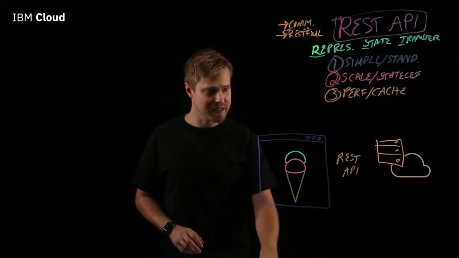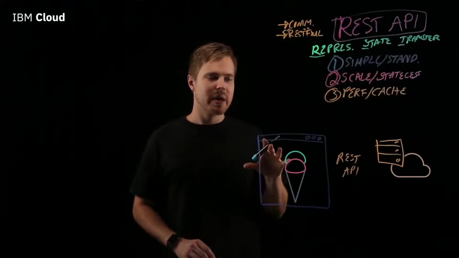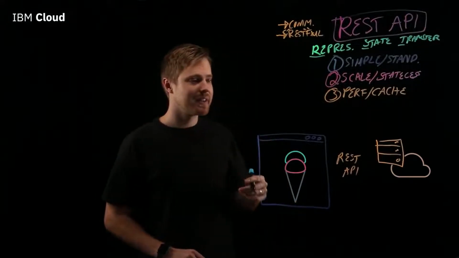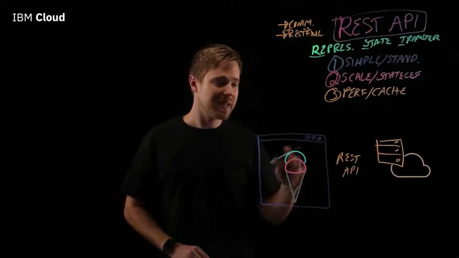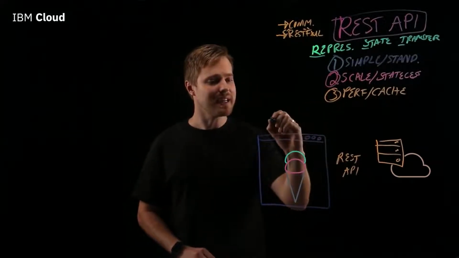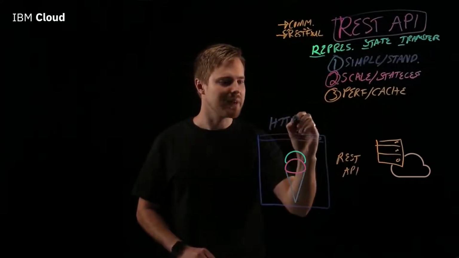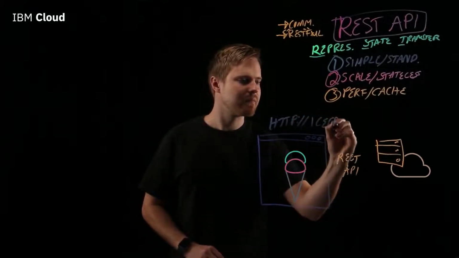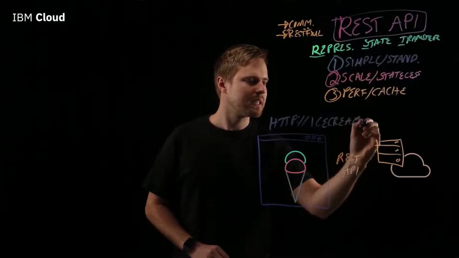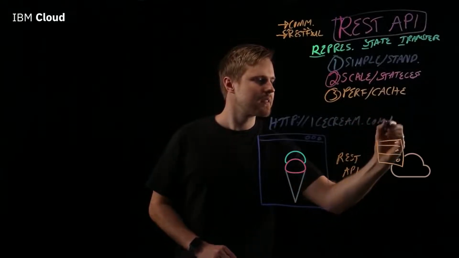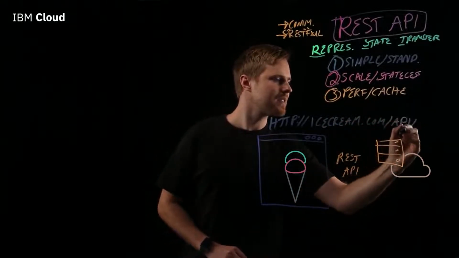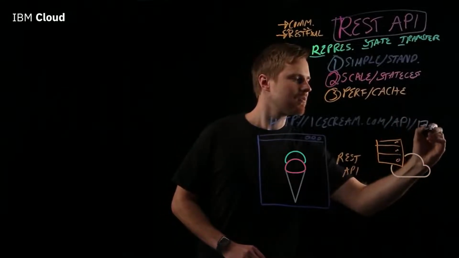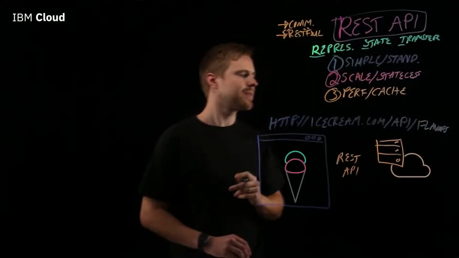Great, so let's go back to our example, right? So for the ice cream shop, what would the REST API look like? So you have an endpoint, which might look something like this, icecream.com/API/flavors, right?